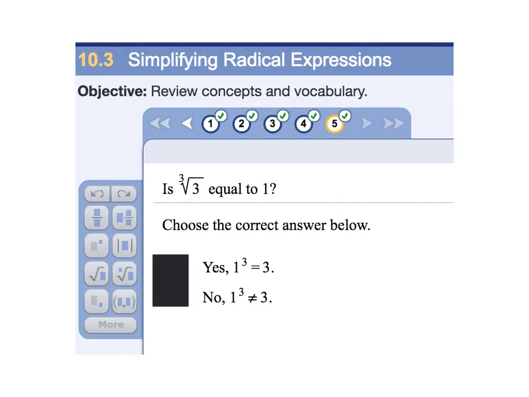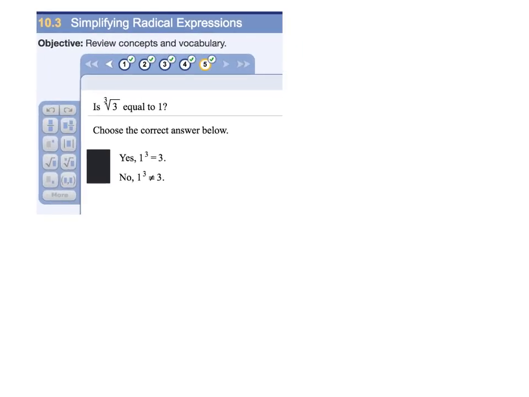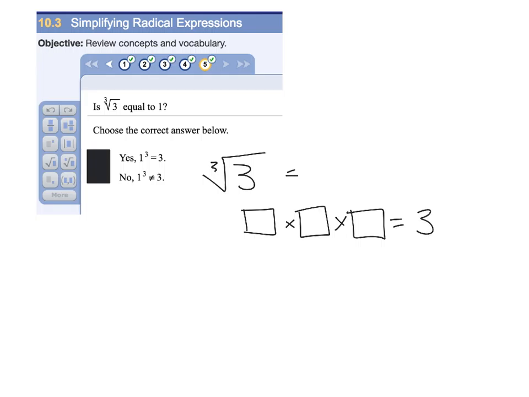And right here is the third root, also known as the cube root. Is the cube root of 3 equal to 1? Well, the cube root of 3 means, what times what times what equals 3.